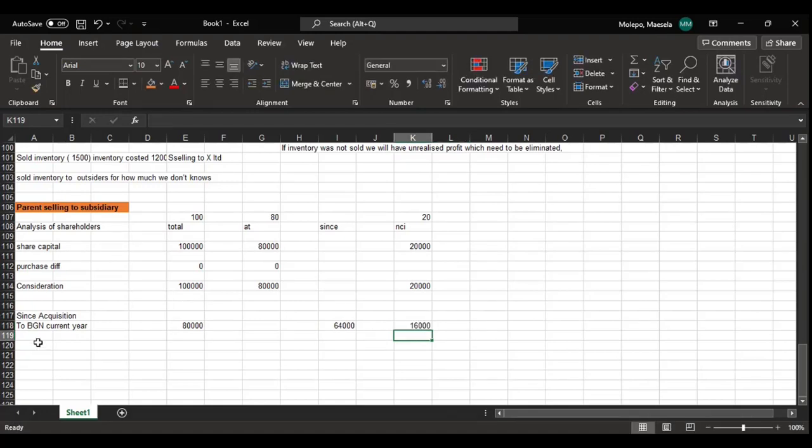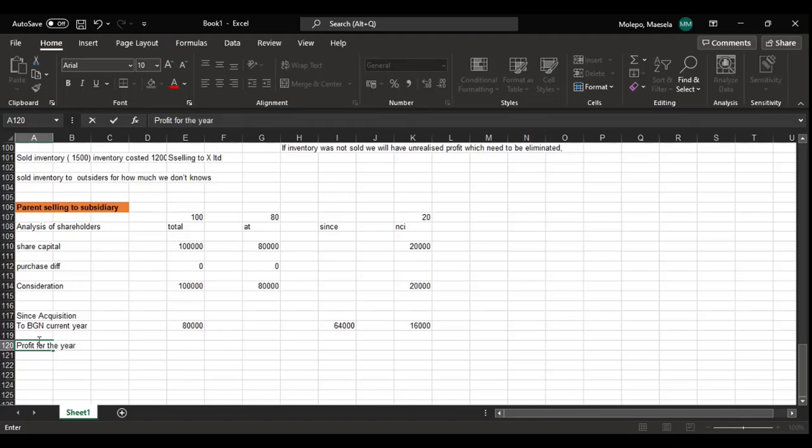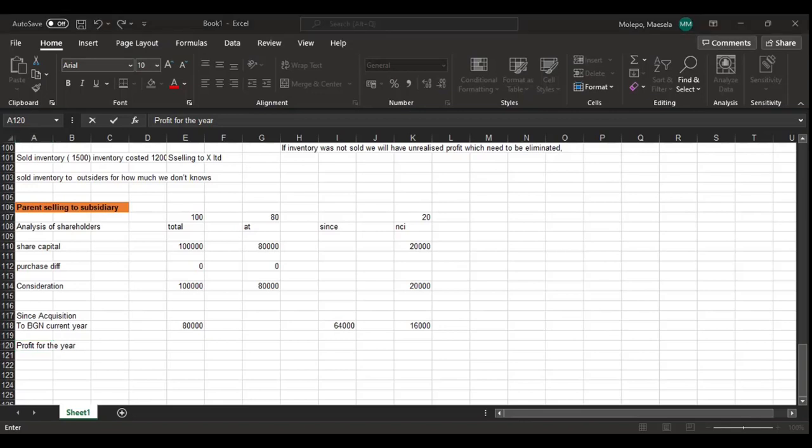And then we have the profit for the year, the profit realized for the subsidiary.